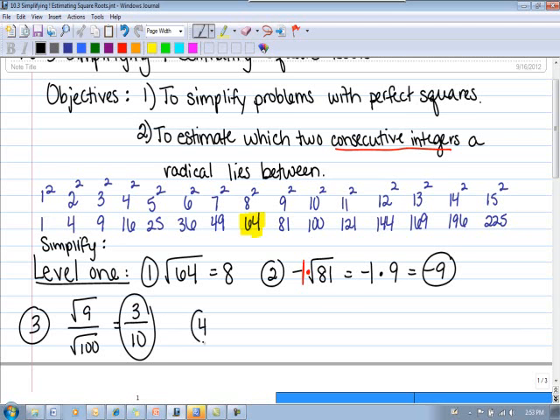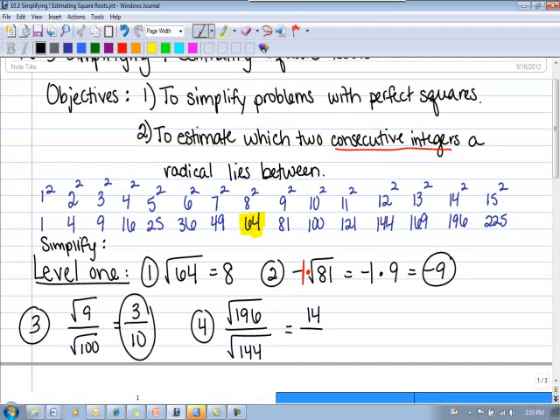And number 4, again, not too much more challenging. We're going to take the square root of 196 over the square root of 144. Now, some of you may not have 14 squared memorized yet, but you should by the end of this unit. Actually, hopefully by tonight, you have it practiced. So the square root of 196, if we look at our chart, is in fact 14.